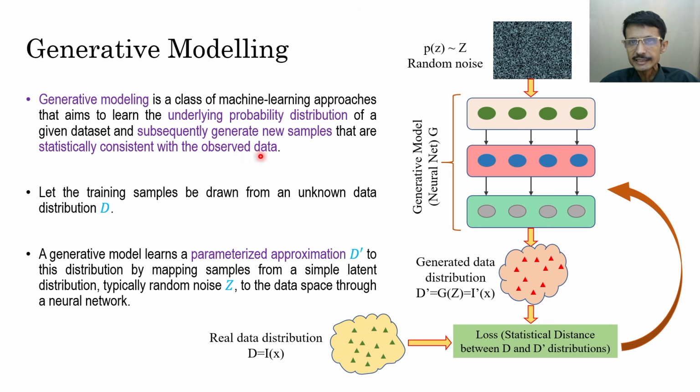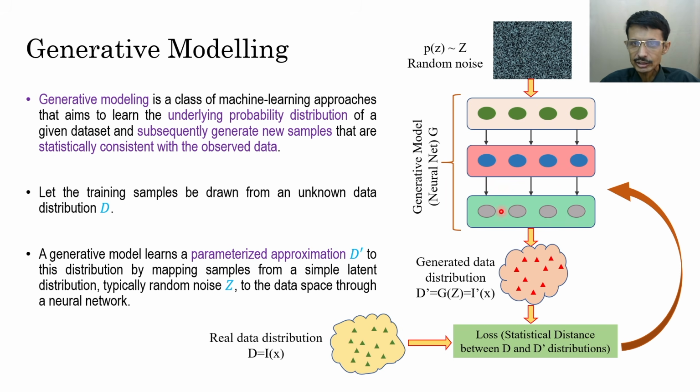Now you can see in this image, this is a generator. This is a neural net. From a random noise. Random noise is a kind of latent space. Now this random noise, let's say z, p of z means the z space.